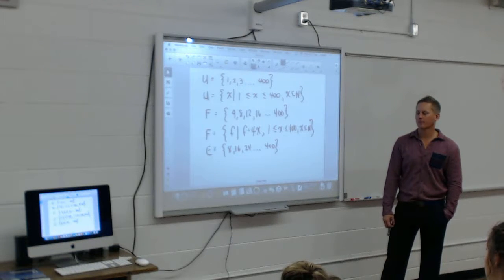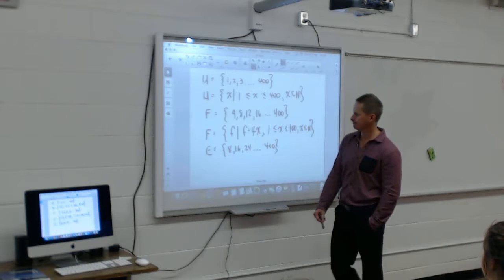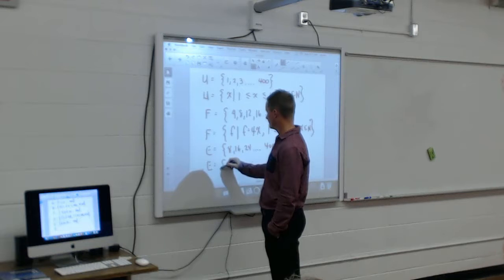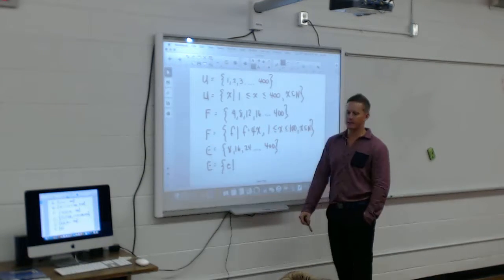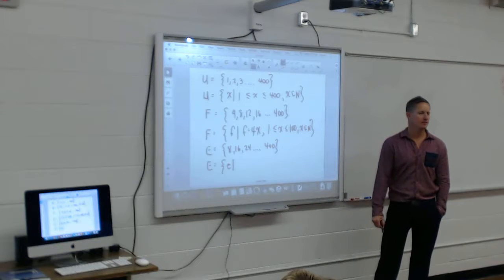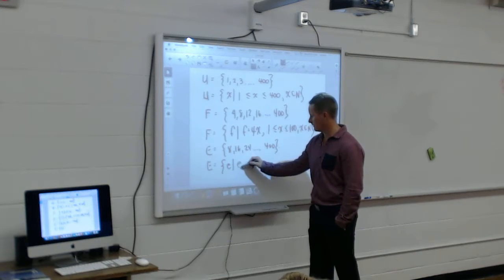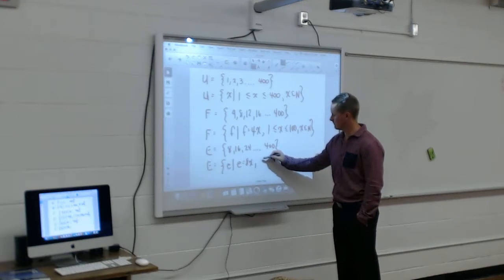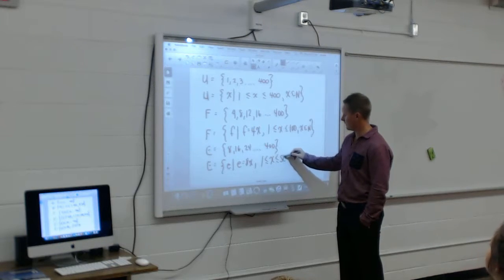How do you know which letter to start with? You can choose whatever you like. Okay. So what is it? E such that E is equal to 8x, where 1 is less than or equal to x, less than or equal to 50, right?